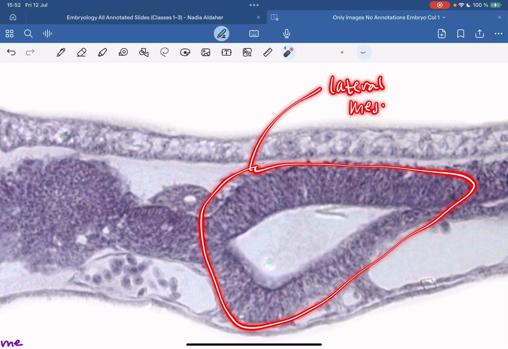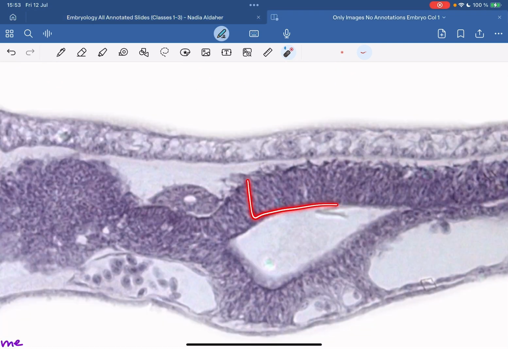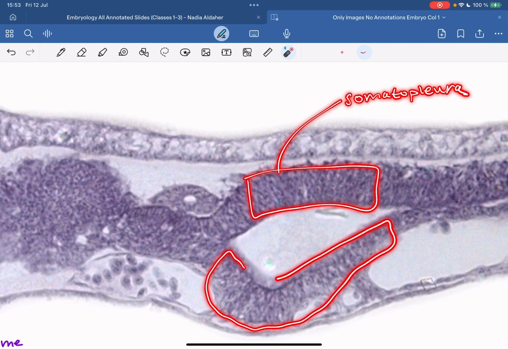The top part, this part, is called the, I think it's somatopleura. Let me double check. Yeah, okay, perfect. The top part is called the somatopleura. And the bottom part is called the splanchnopleura.